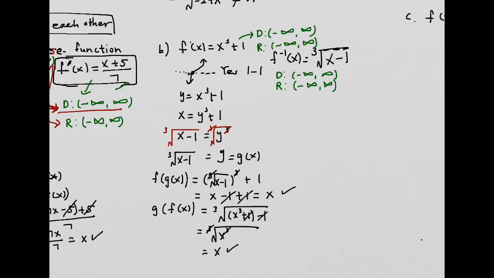I'm going to make connections to show you that the domain of the given function becomes the range of the inverse function, and the domain of the inverse function becomes the range of the given function. If the problem asks you to find the inverse function with domain and range, that will be the solution right here.